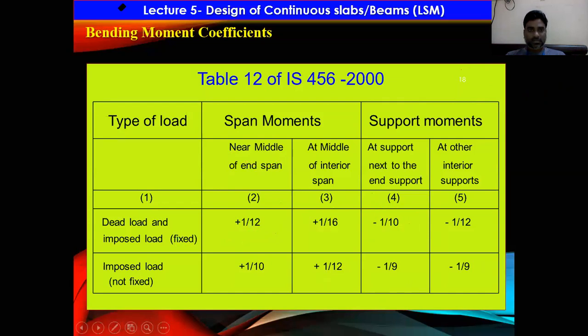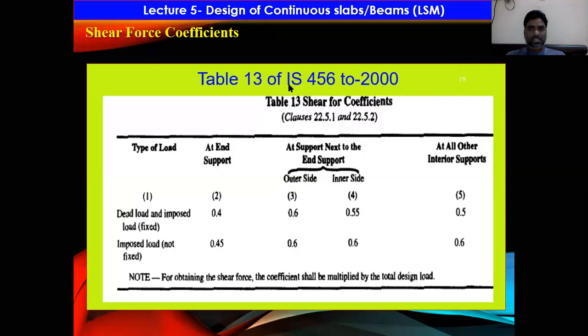So these are the shear force coefficients. Let us draw again the diagram. I would like to draw for these spans, for example, right? So here, dead load and imposed loads are fixed.